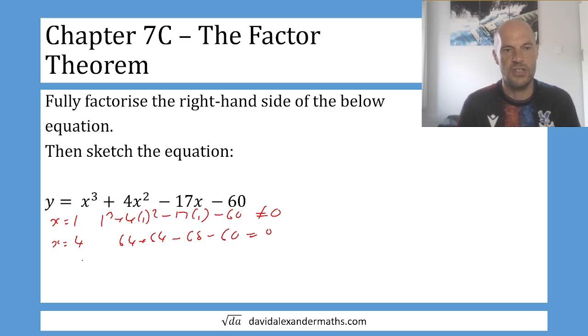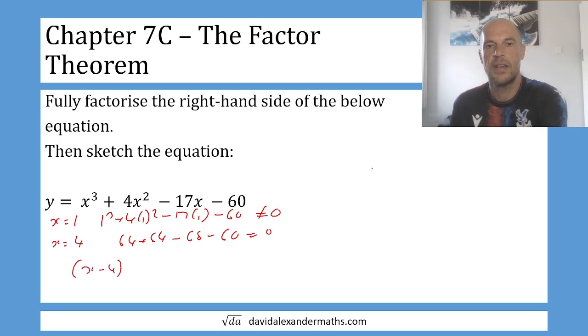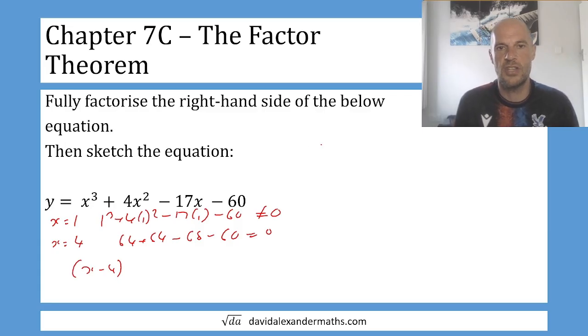So 4 is the solution, so therefore x take away 4 is a factor. So therefore I know that I can divide this cubic expression by x minus 4. So how many x minus 4s go into x cubed plus 4x squared minus 17x minus 60.